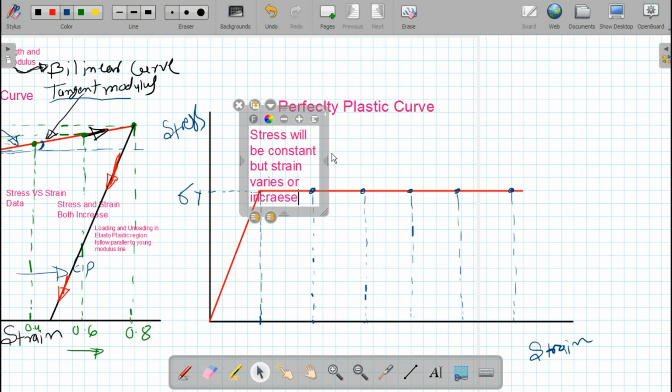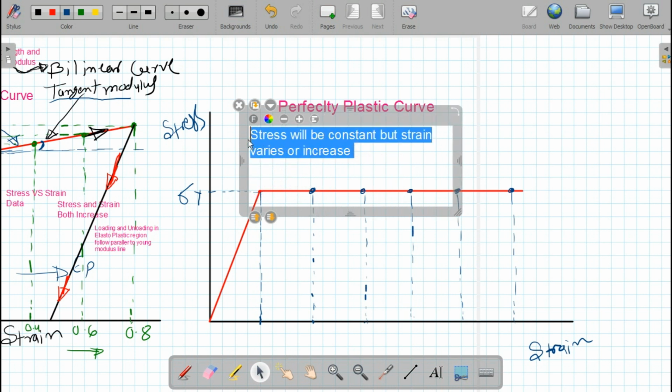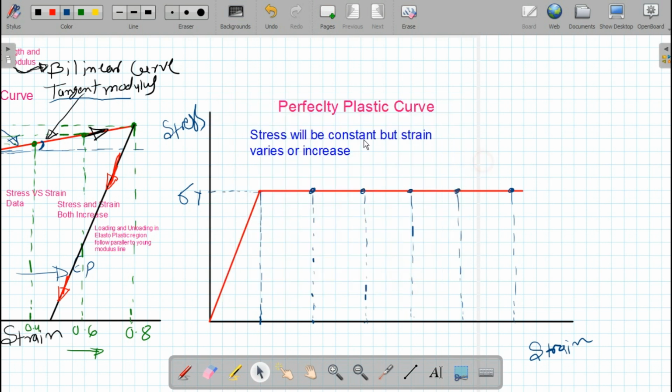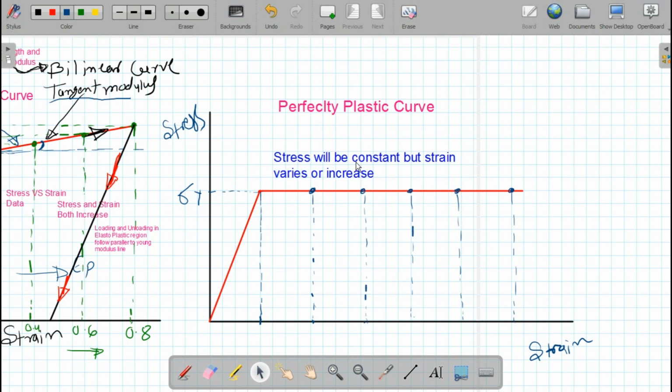So this is what happens in the perfectly plastic curve.